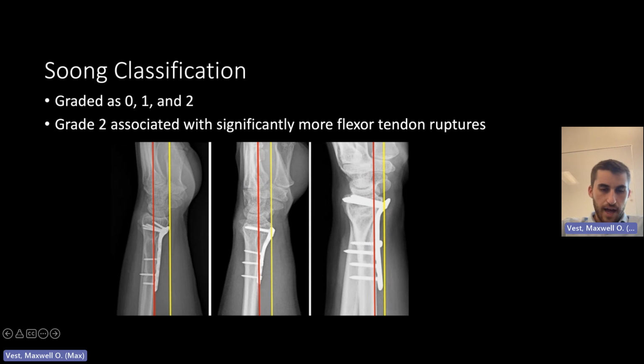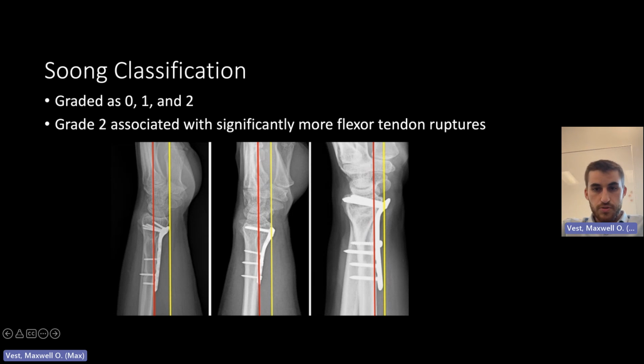And if you draw a line longitudinally with the volar rim of the distal radius, and then you look at the actual most projected portion of your distal radius plate, if the plate is dorsal to this line, that is a grade 0. If the plate goes over this line, that is a grade 1. And if the plate projects past this line on the volar rim of the distal radius, that is grade 2.